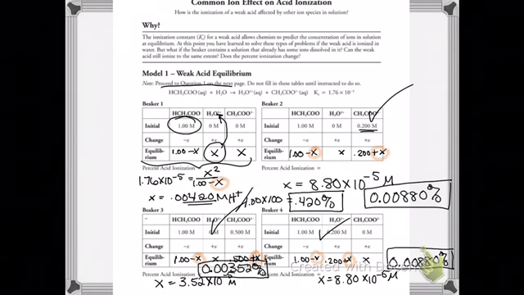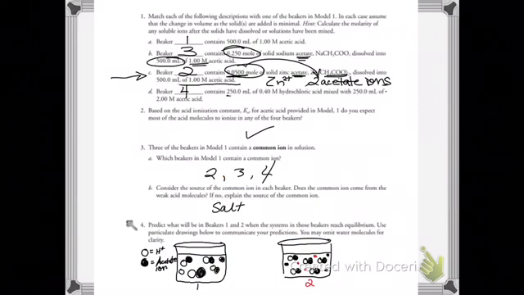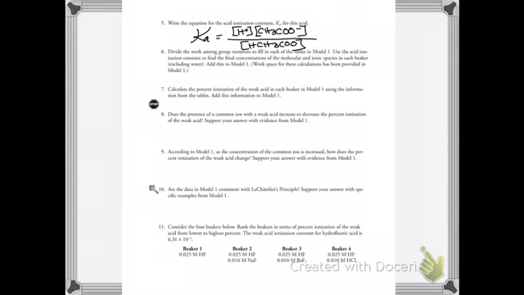Question number 11. Consider the 4 beakers below. And it says, rank the beakers in terms of percent ionization of the weak acid from lowest to highest. All right, the weak acid ionization constant for hydrofluoric acid is 6.31 times 10 to the negative 4.